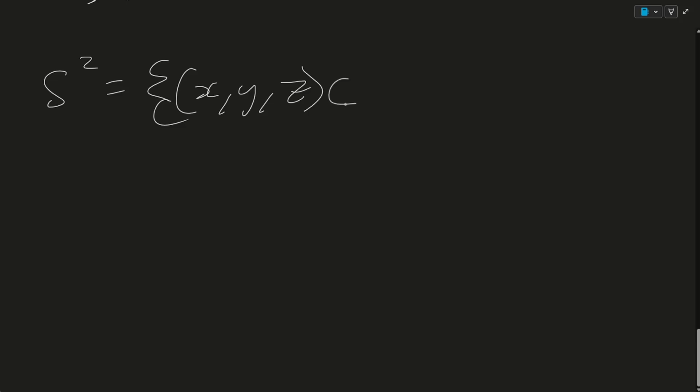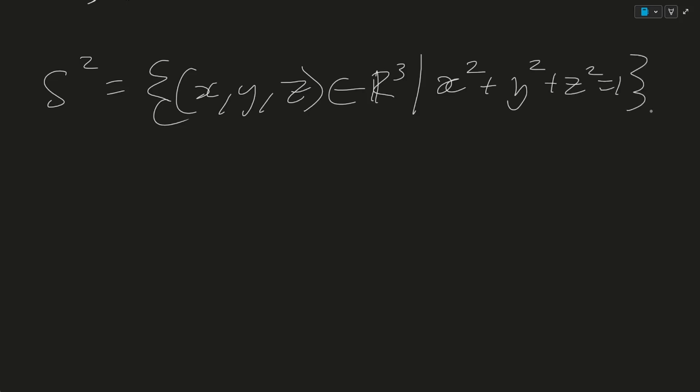So first of all, we'll define a two-sphere, S2. This is going to be defined by the following. Let x, y, z be our coordinates in R cubed, the set of points defined by the equation x squared plus y squared plus z squared equals 1. This is, of course, our unit sphere.